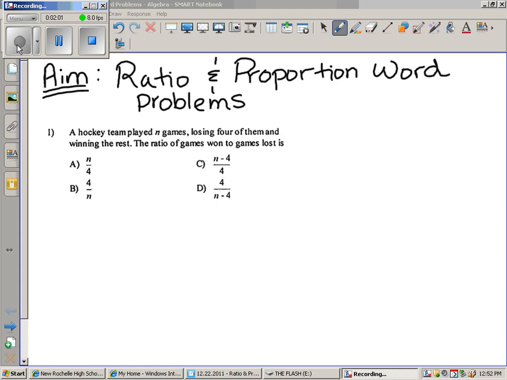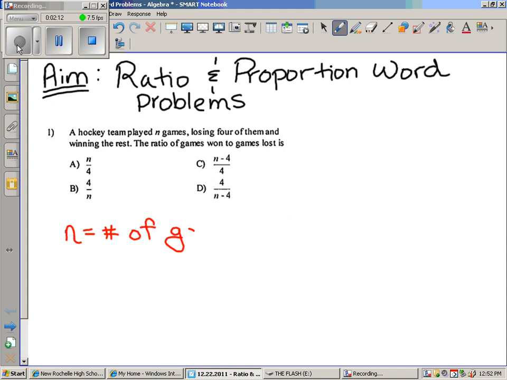So a hockey team played N games. So N equals the number of games. Losing 4 of them and winning the rest. So is 4 equal to the games that they lost or the games that they won?